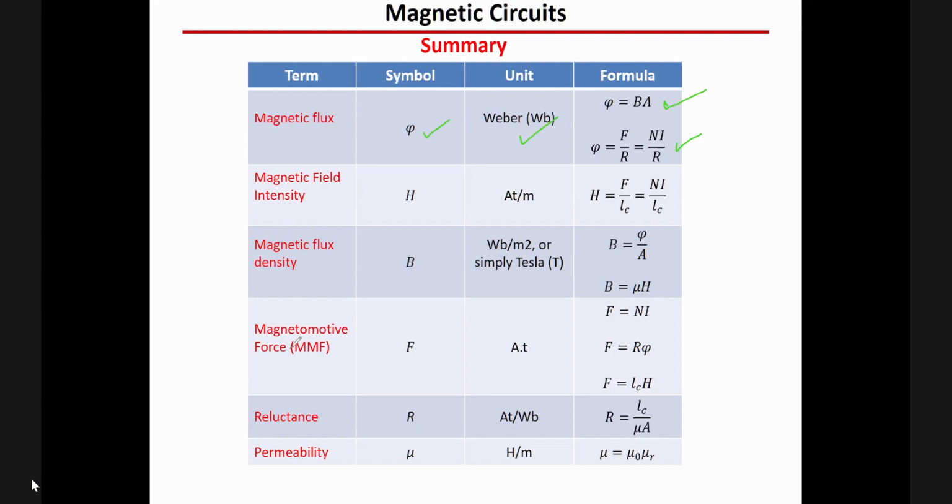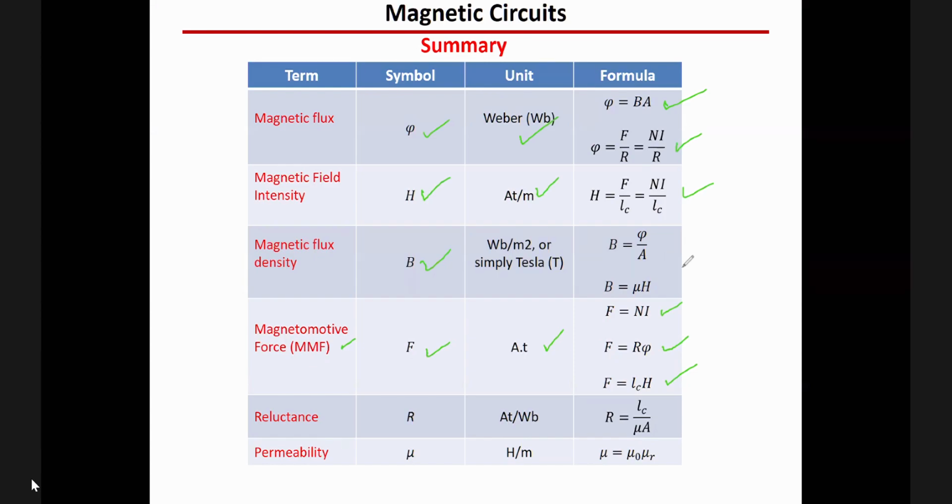F is the magnetomotive force, the unit is amp turns, and it is equal to Ni. From this equation, F is equal to reluctance multiplied by flux. And F is equal to LC multiplied by H, where H is the intensity. The unit for the intensity is amp turns per meter, and it is F divided by LC. Also, B is the density. The unit is Tesla or Weber per meter square, and it's equal to flux divided by A.